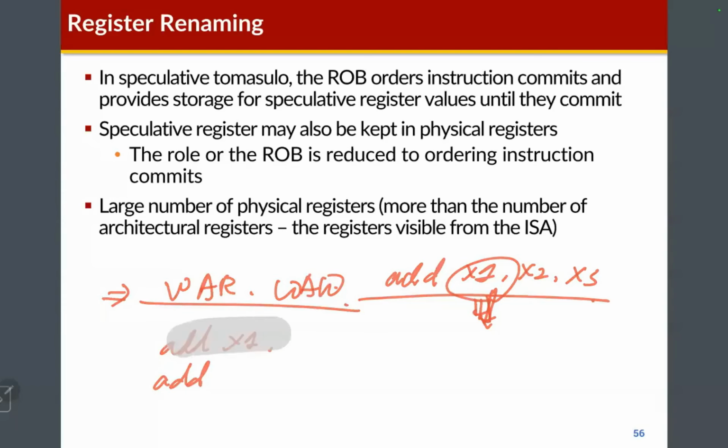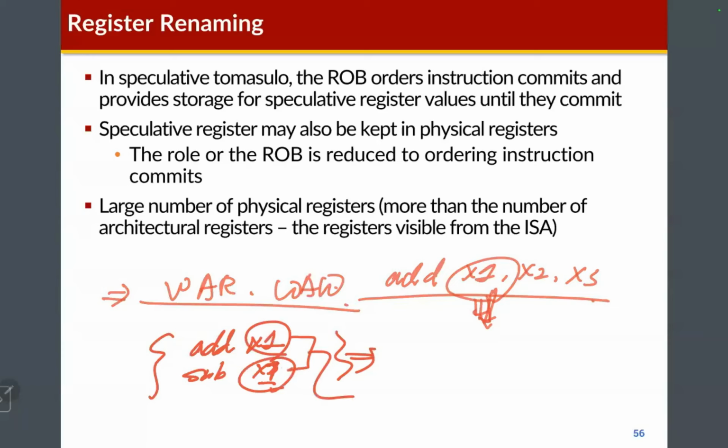If we see add x1 and then sub x1, the architectural registers are the same, but we already know that these data have different values. Which means that we need to distinguish the x1 by the add instruction and the x1 by the sub instruction.